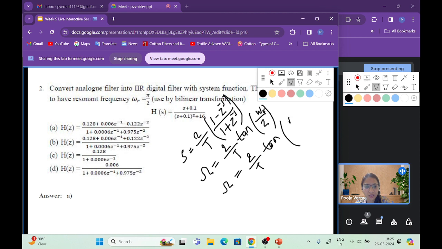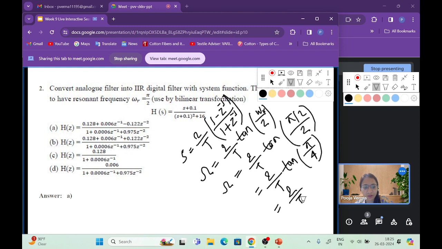Omega r is given by pi by 2, divided by 2, so 2 by T tan(pi by 4). What is the value of tan(pi by 4)? It is equal to 1. So it will be 2 by T.